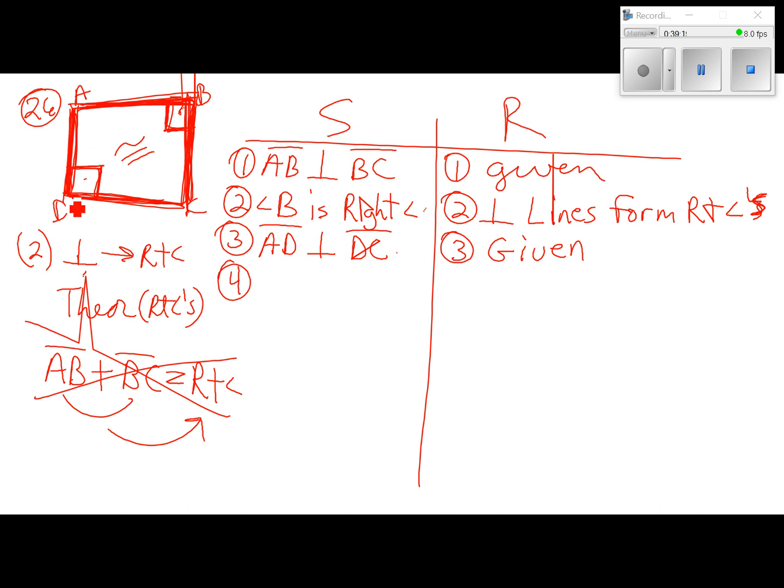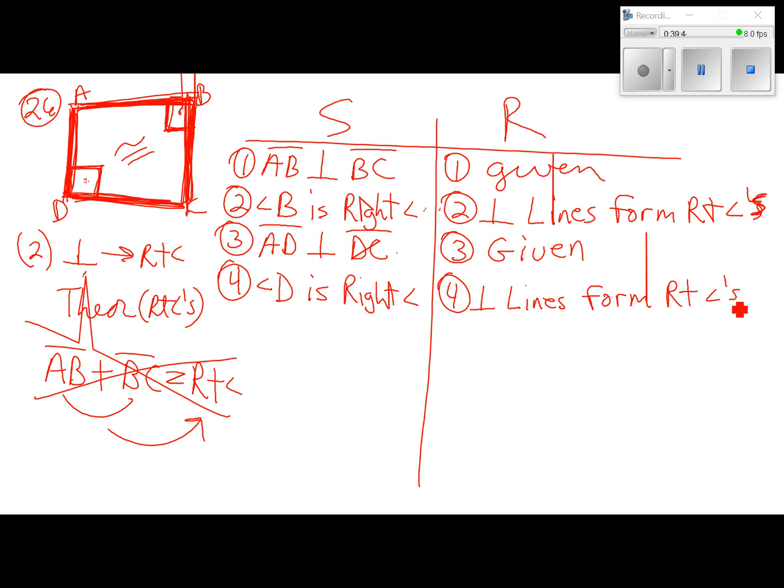If this is perpendicular to that, then they got to come together to form a right angle. So angle D is a right angle. Same thing, same reason as number 2. Perpendicular lines form right angles.